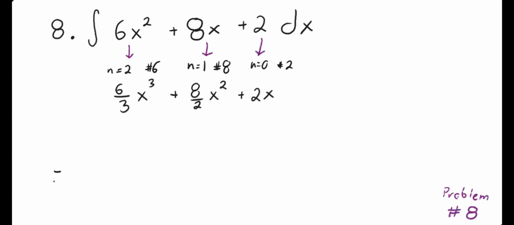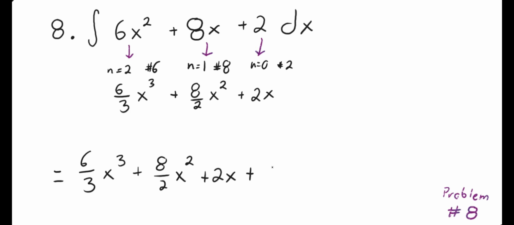So that means the integration of 6x to the power of 2 plus 8x plus 2 dx will be 6 over 3 x to the power of 3 plus 8 over 2 x to the power of 2 plus 2x plus the constant c.